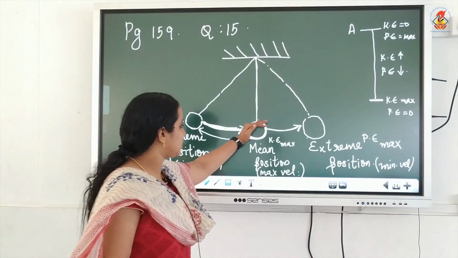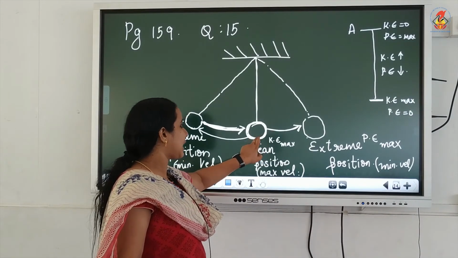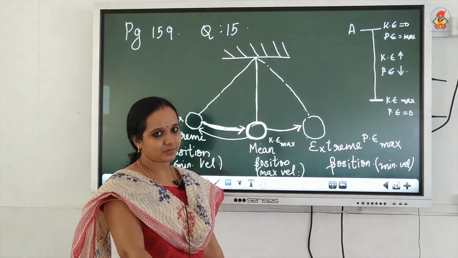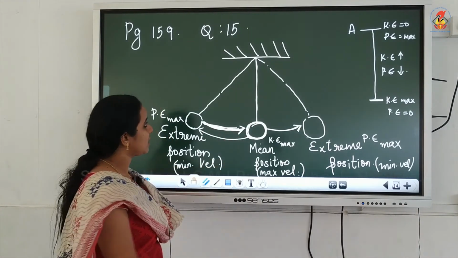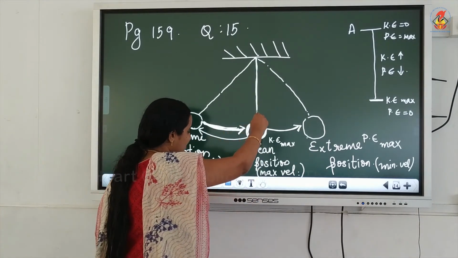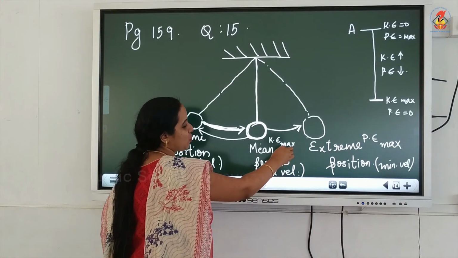And the potential energy becomes 0, and at mean position it will only possess kinetic energy. Initially the pendulum was at mean position, it only had kinetic energy, potential energy was 0.